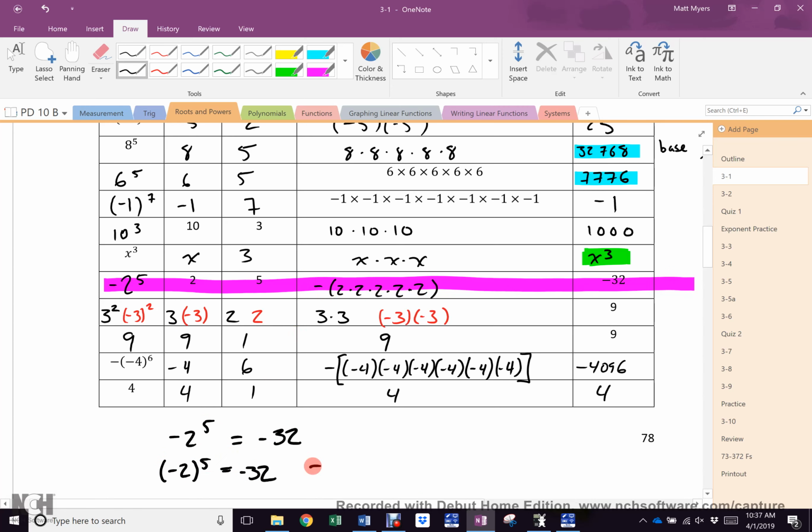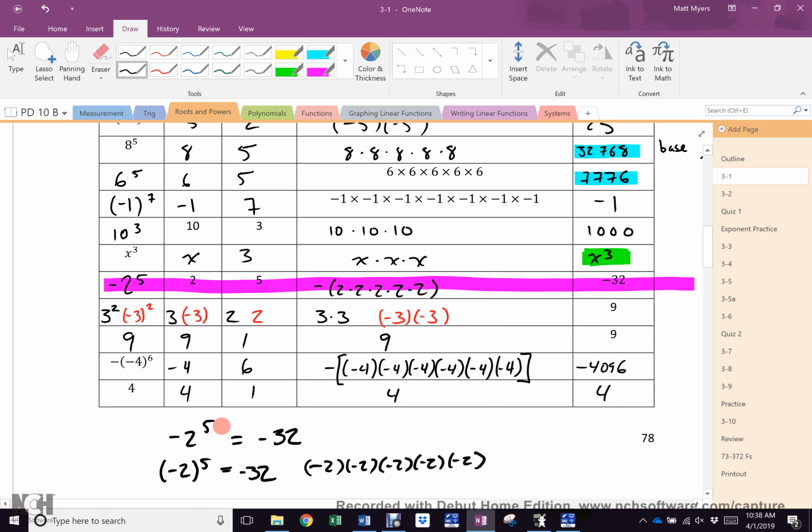This one is -2 times -2 times -2 times -2 times -2. What's -2 times -2? Positive 4 times -2? -8 times -2? Positive 16 times -2? -32. That's why these are both true.